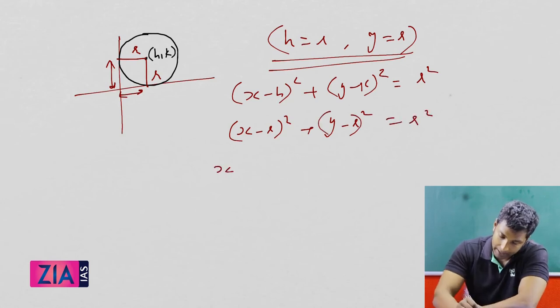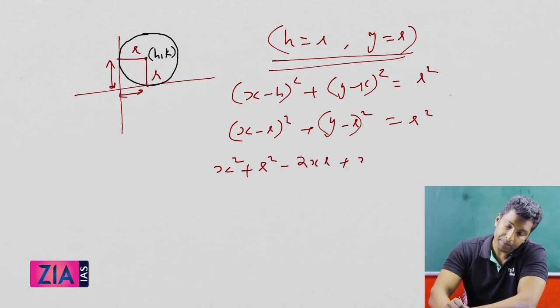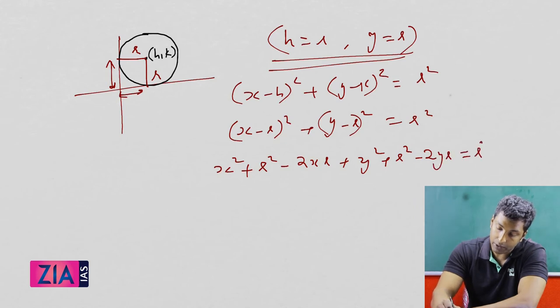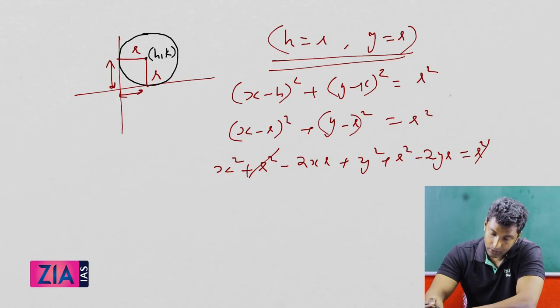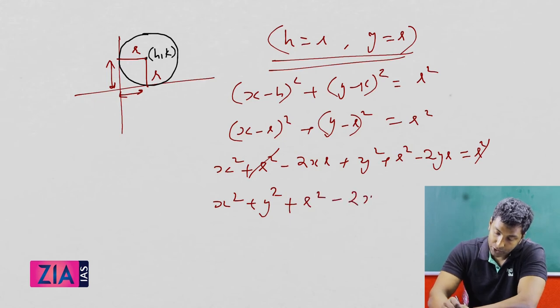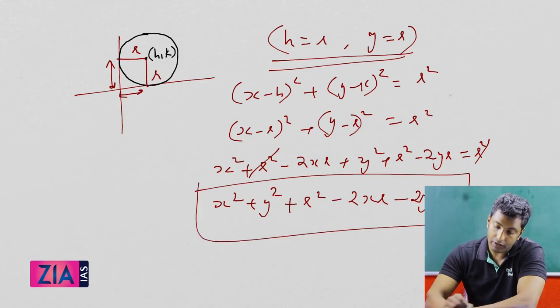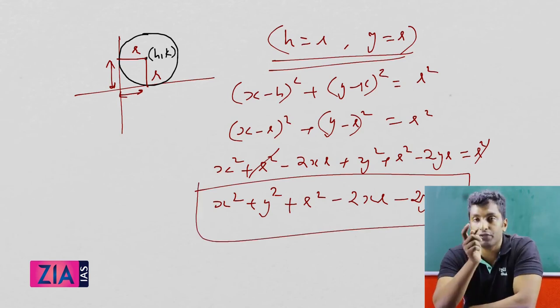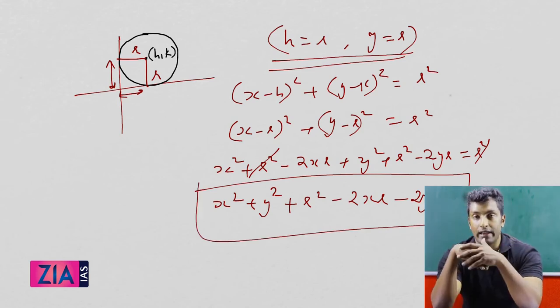Now when you open up the bracket, x² + r² − 2xr + y² + r² − 2yr = r². Now here r² is getting cancelled out. Then what is left? x² + y² + r² − 2xr − 2yr = 0. That's the equation of a circle which is touching the x-axis and y-axis.